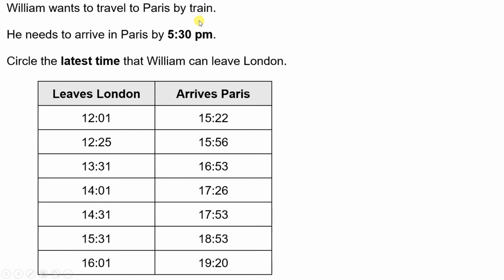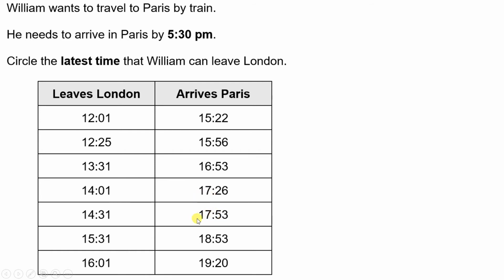William wants to travel to Paris by train. He needs to arrive in Paris by 5:30 p.m. Circle the latest time that William can leave London. Well, 5:30, add 12 to get to 24-hour clock, that's 17:30. He needs to arrive there by 17:30.